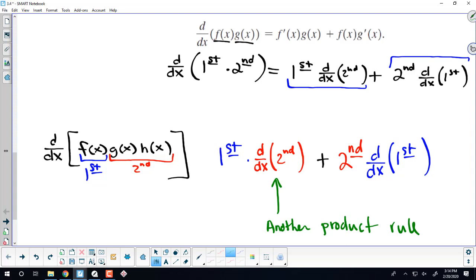You could call the first three products the first and the last two the second. It doesn't really matter how you group the products together. You just need something times something else, and then you would subsequently keep breaking that down. We don't really see too many of those at all, if any, but they're there.